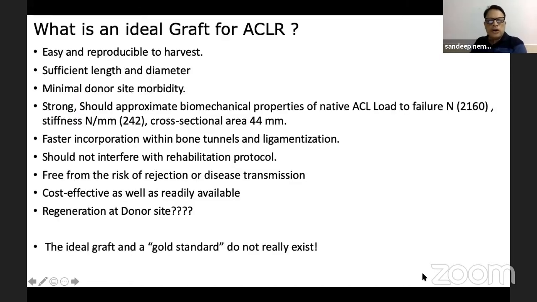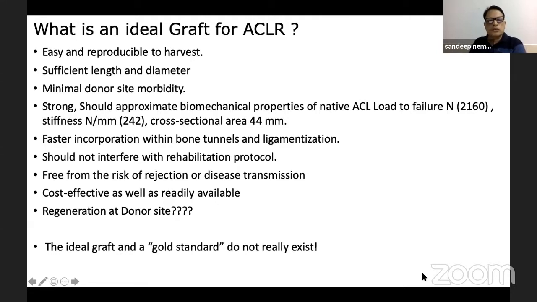What is actually an ideal graft for ACL reconstruction? The graft should be easy and reproducible to harvest. I will stress reproducible more because most of the surgeons around the world are in the beginning of the career or in the mid of the career, and for them this word is more important. It should be sufficient in length and diameter.